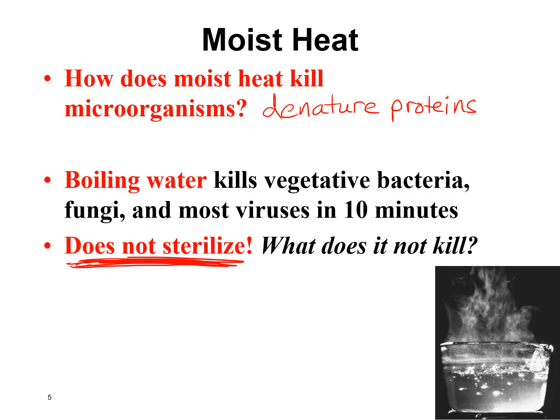So boiling water does not kill bacterial endospores. In order to kill bacterial endospores, you'd have to boil the water for 13 hours. And most people are not going to boil water for that long. So that's just not practical.